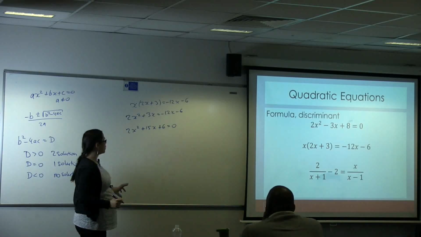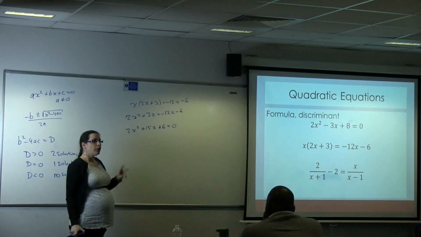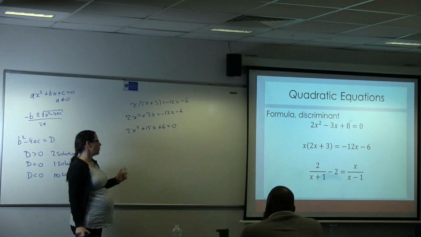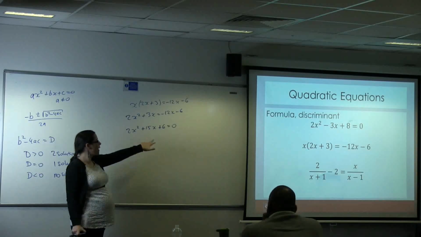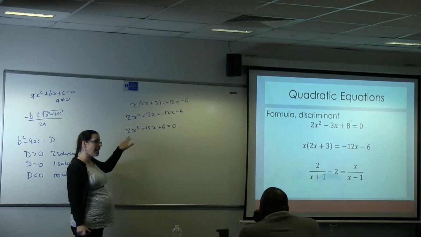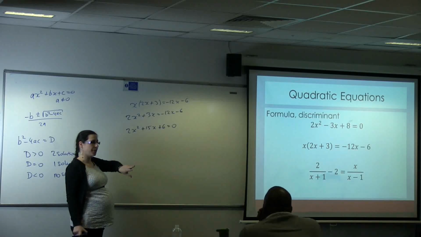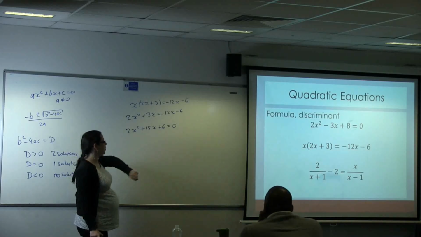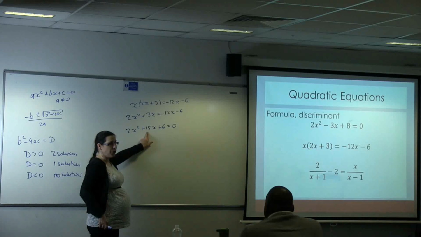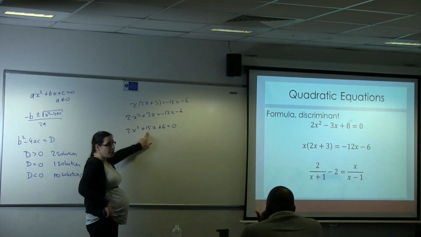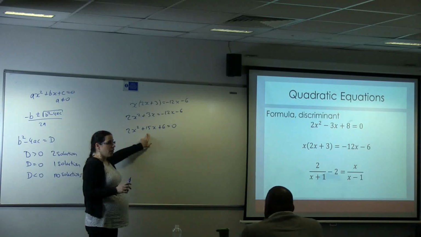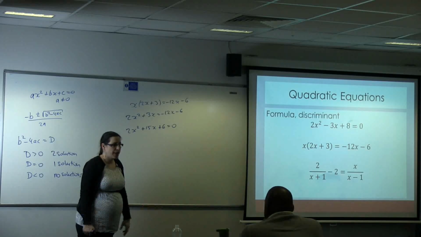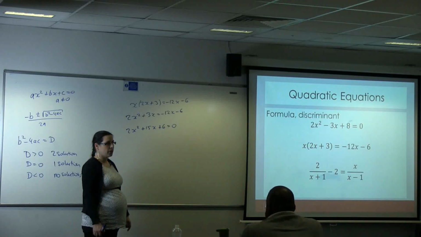Now at this stage, if you prefer factorization, you could have a look and see, can I divide the whole equation by 2 and still end up with whole coefficients? Unfortunately not, because 15 divided by 2 is 7.5. As soon as you've got fractions in there, what do I need to multiply together to get 7.5?